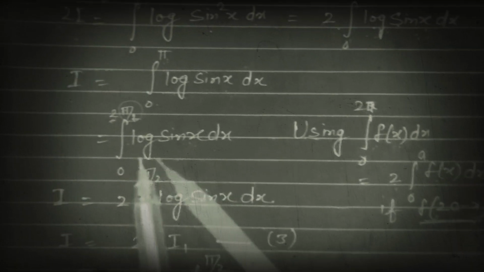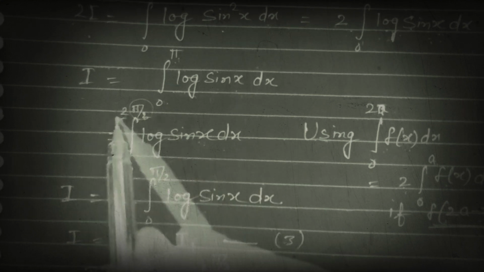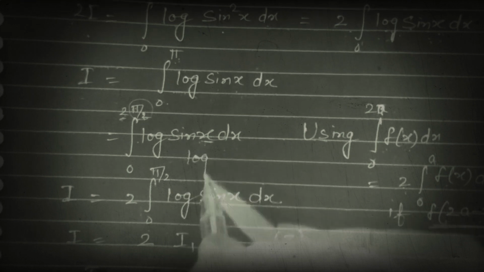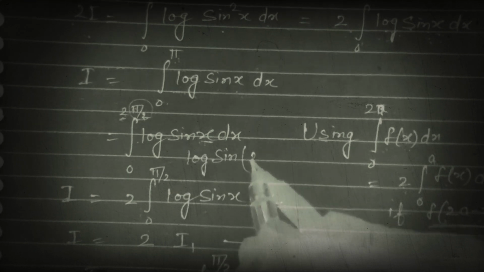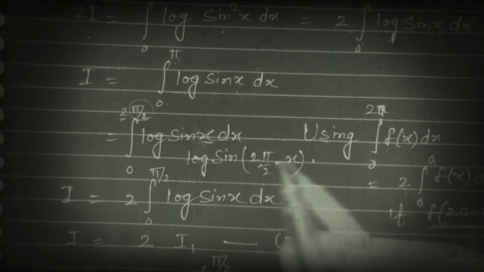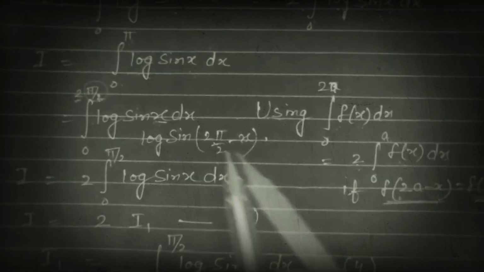Here limit is 0 to 2a, a रह जाएगा, 2 यहाँ 2, 0 to a. So कैसे करेंगे इसको, limit is 0 to pi by 2, 0 to 2 pi by 2. x के प्लेस पर अगर हम लिख दें log of sin of 2 pi by 2 minus x. At the place of x, 2 pi by 2 minus x, because f of 2a minus x, 2a minus x means 2 pi by 2 minus x.